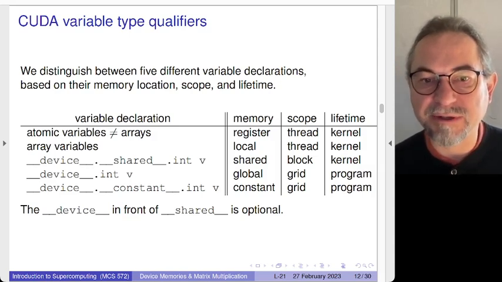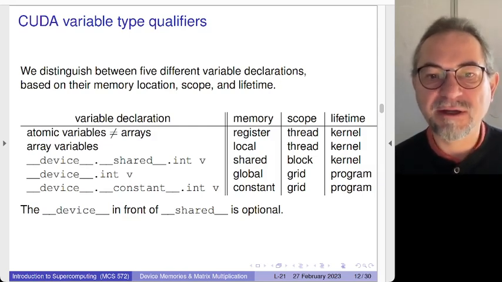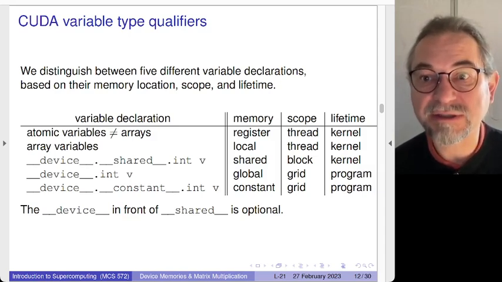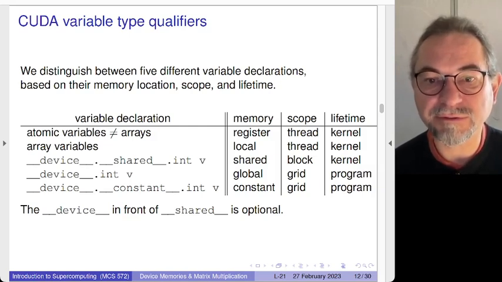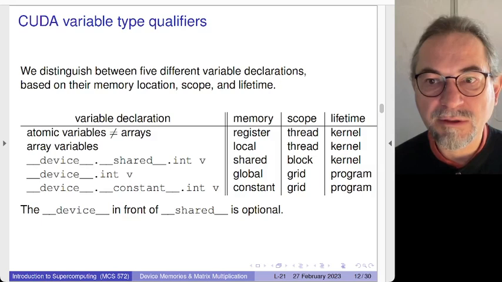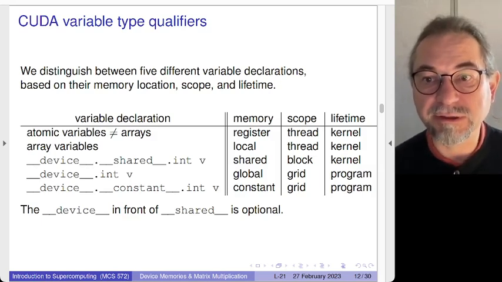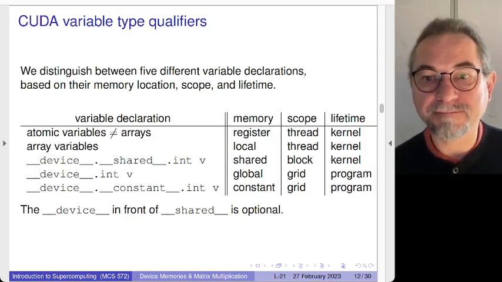So this is where the shared is extremely important. If you forget the shared, then it may be considered a local variable. Global variables, you often have them as the arguments in the kernel function, and then they are global for the entire lifetime of the program.